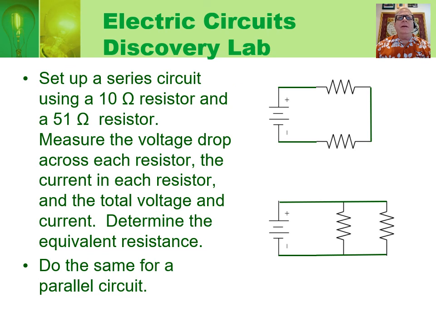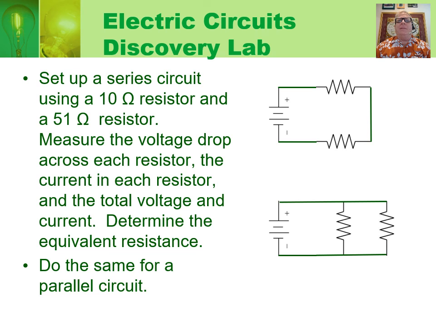So ideally, we would have done this resistor discovery lab in our laboratory, but we can do it online just as well. What this involves is setting up a series circuit with a 10 ohm resistor and a 50 ohm resistor, and then measuring the voltage drop across each resistor, and the current in each resistor, and the total voltage and current in the circuit, and determine the equivalent resistance.